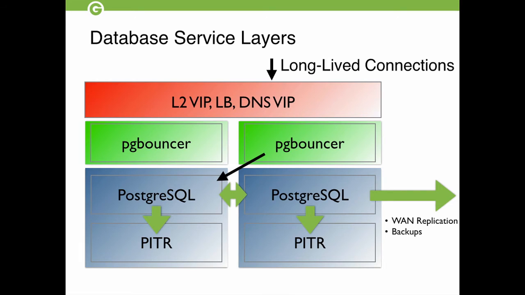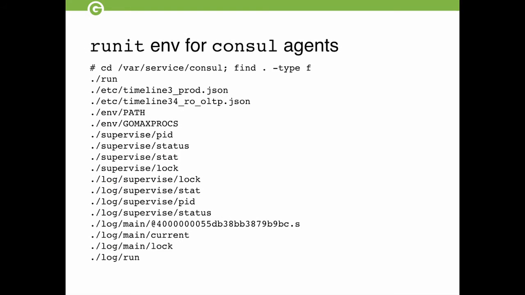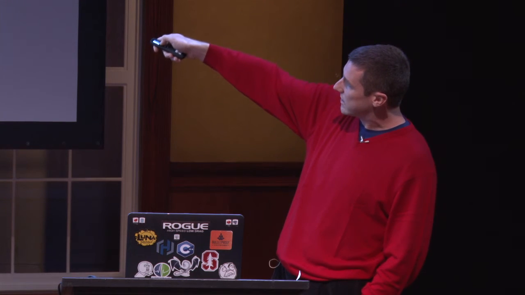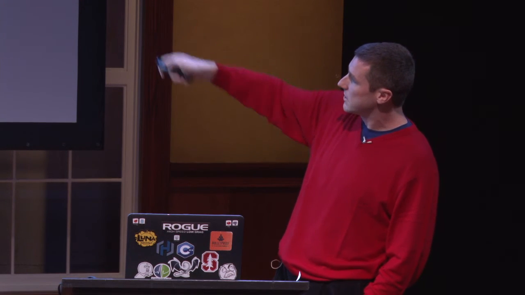The way that we provision this internally is we manage everything through runit. As a process manager, we spin things up, and running Consul is reasonably simple in the sense that for the environment variables we care about, we set the path, we set the GOMAXPROCS, and then we specify a series of config files per instance, right?